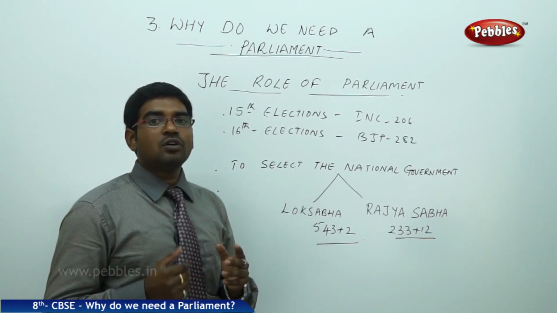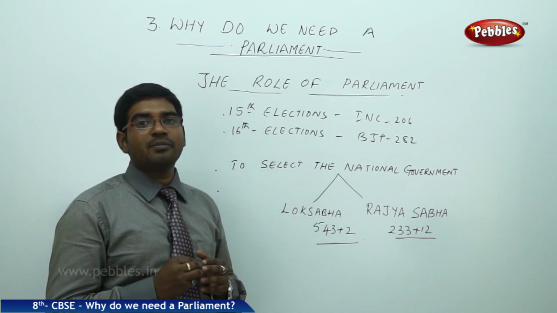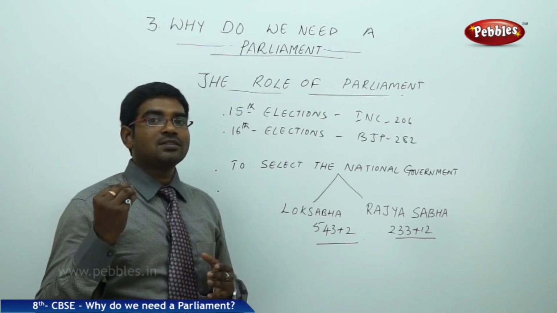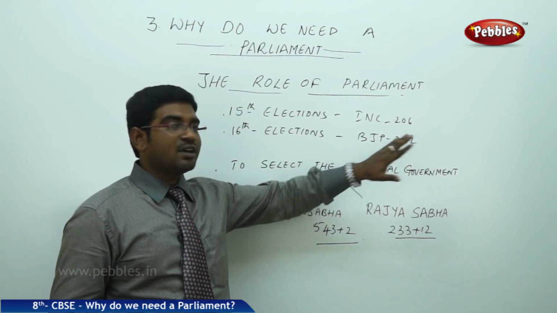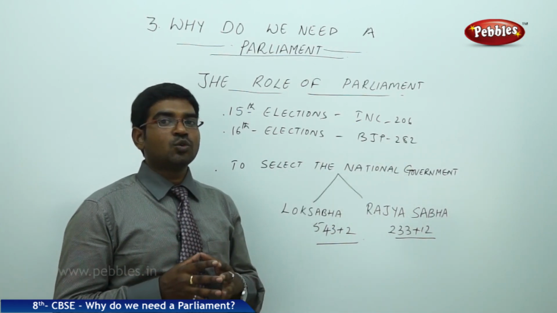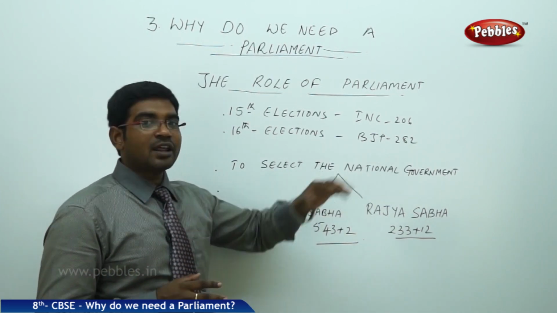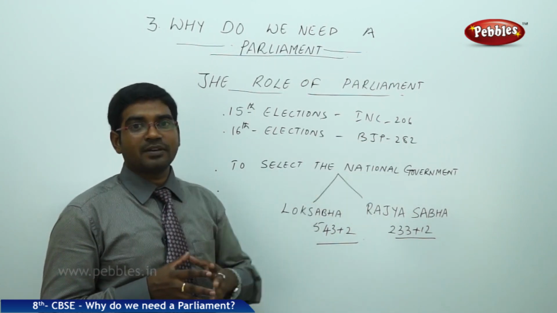So we all know the required number. What is the required number of seats in Lok Sabha to form a government? That is 272 or more. So 282 is definitely greater than 272. That's why we have Shri Narendra Modi ji becoming the Prime Minister from the Bharatiya Janata Party.